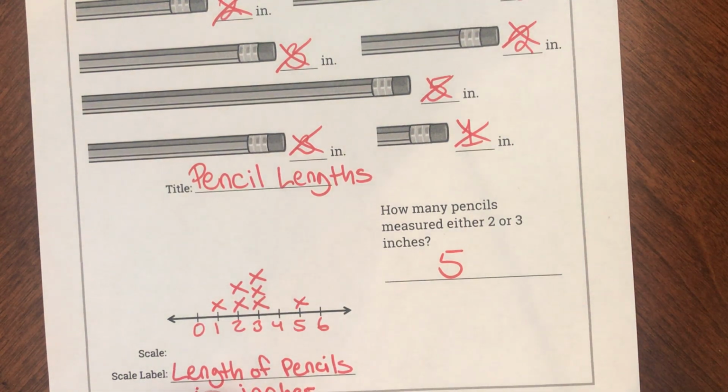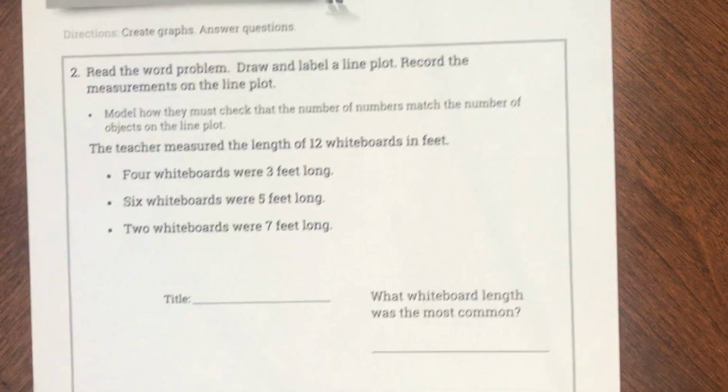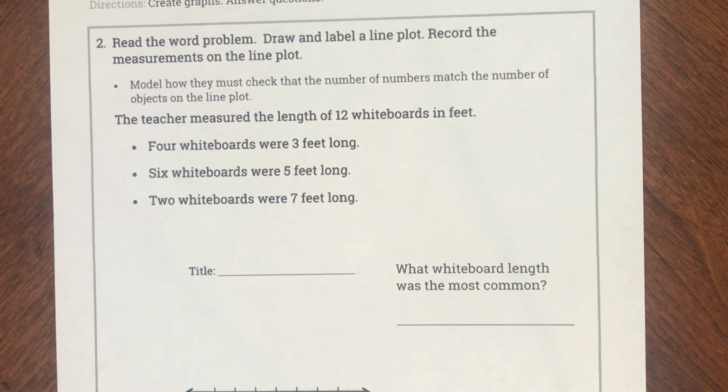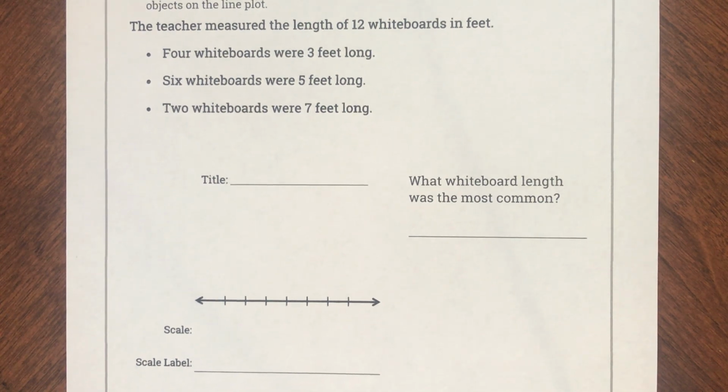Okay, so boys and girls, I'm going to do another one for you. Here's my next one. It says, read the word problem, draw and label a line plot, and record the measurements on the line plot. So here's my word problem. The teacher measured the length of 12 whiteboards in feet.